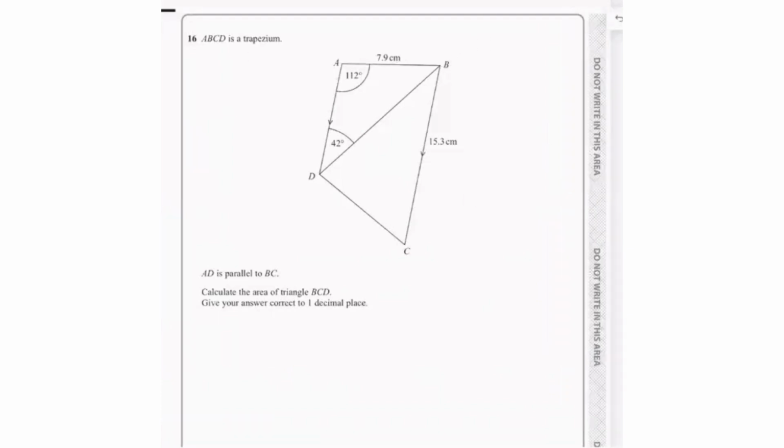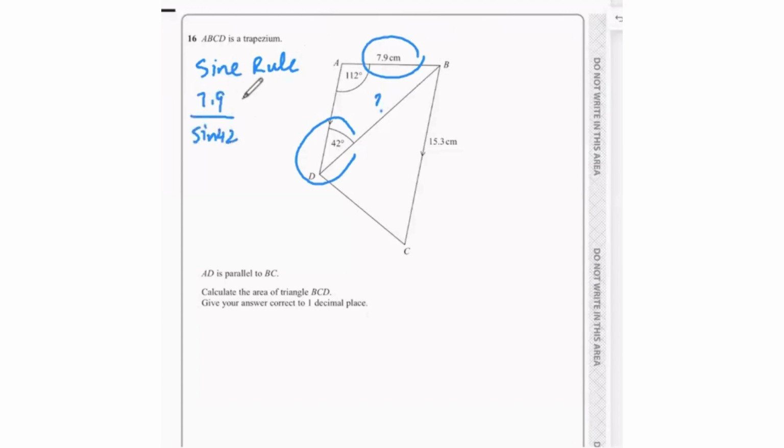First, we need to find the length of BD over here. For this, we will use the sine rule. Why? Because we have one length and opposite angle, which completes the set for the sine rule. We have the other angle and need to find the corresponding length. So that's 7.9 over sine of 42 equals BD over sine of 112.